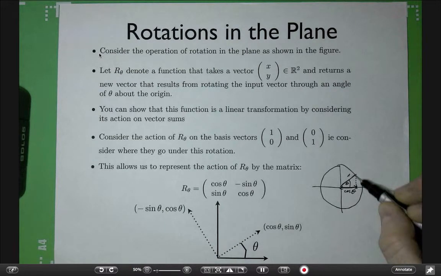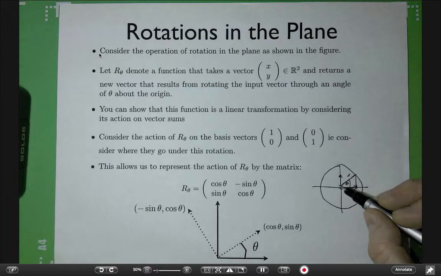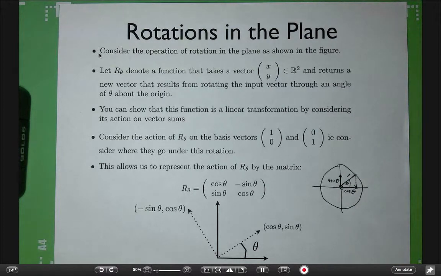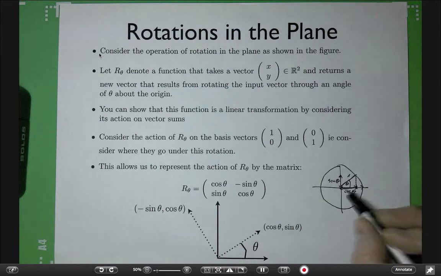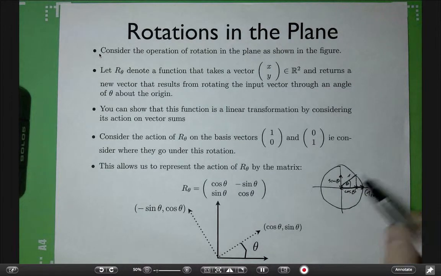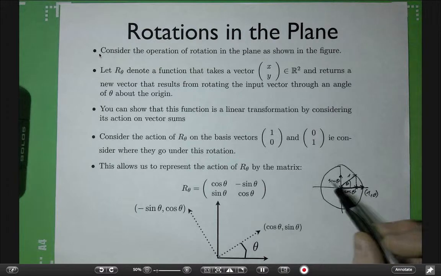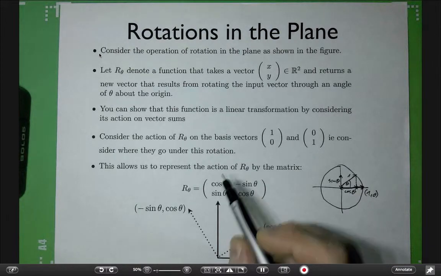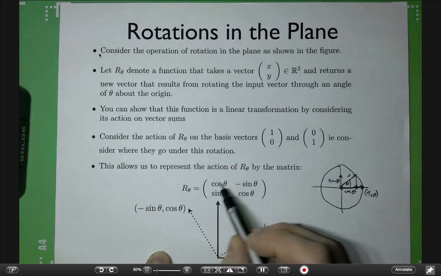And the length of this edge, meaning this coordinate here, is the sine of theta, for arbitrary angle theta. This immediately tells me where the vector (1, 0) maps to by the rotation. Here is my 1, so this is (1, 0). If I rotate it by angle theta, I rotate it to this vector, which has coordinates cosine theta and sine theta. So this is my first column of the matrix: cosine theta, sine theta.